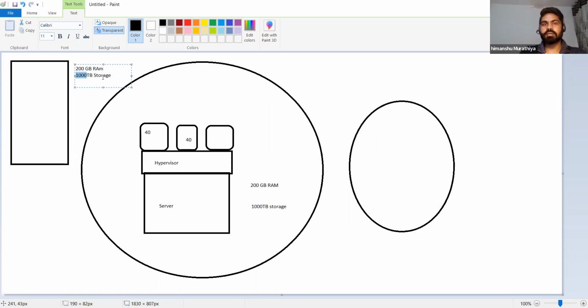I can't sell my servers, because once we buy the server, the price goes down if you go to sell the servers. So we are not wasting money here, which comes under the second point, cost effective. We are paying only for what we are using.